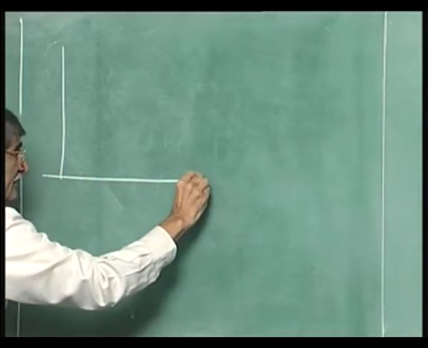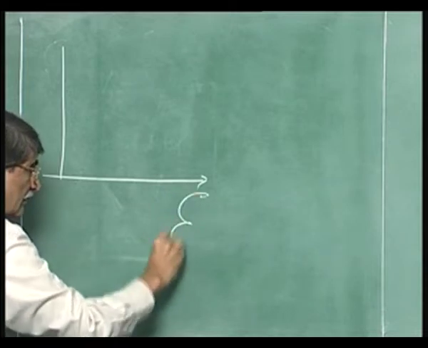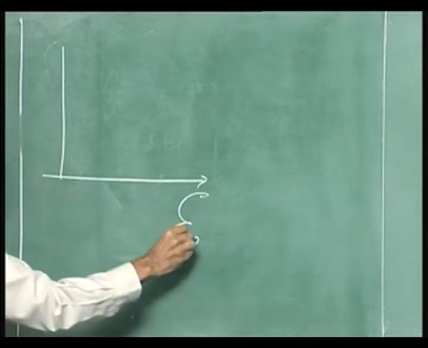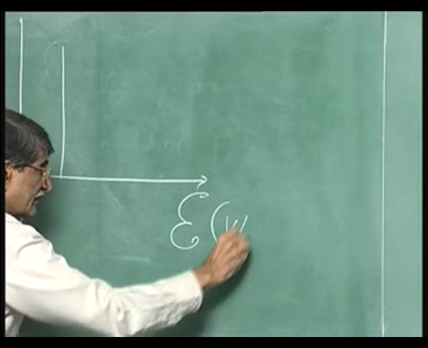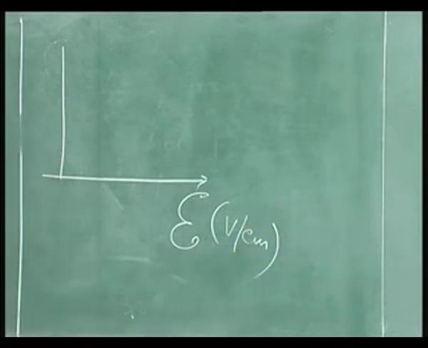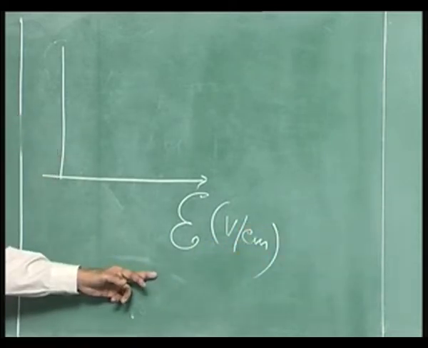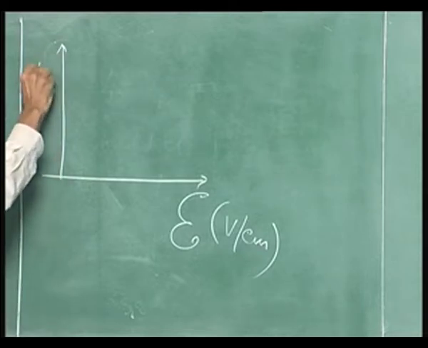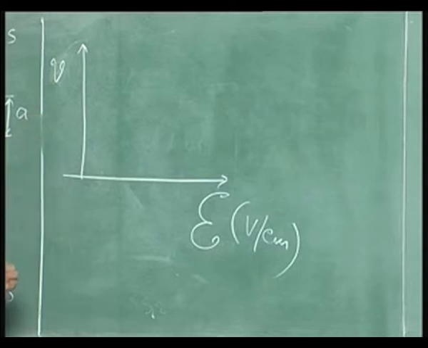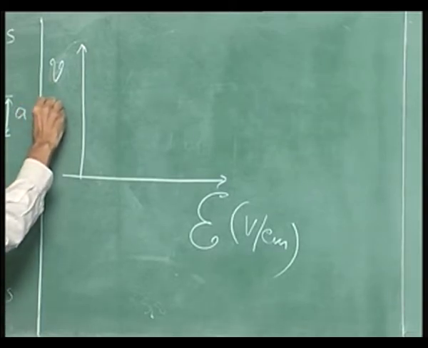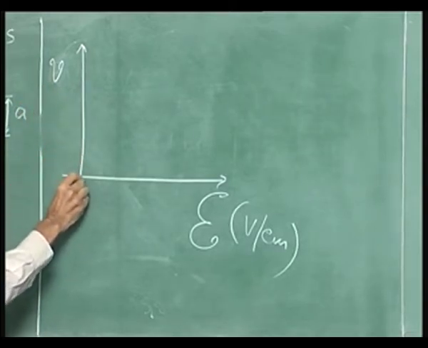If you take silicon for example, electric field, volts per centimeter, E the symbol for electric field, then V, velocity. How does it go?